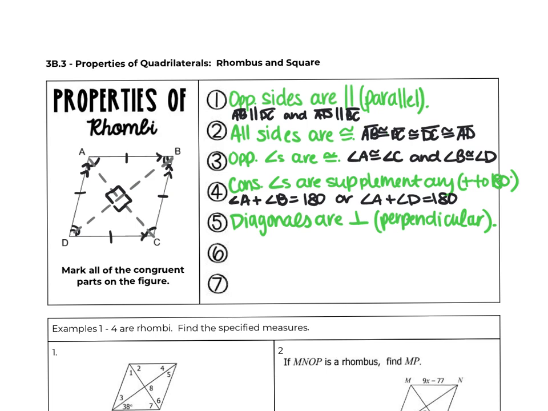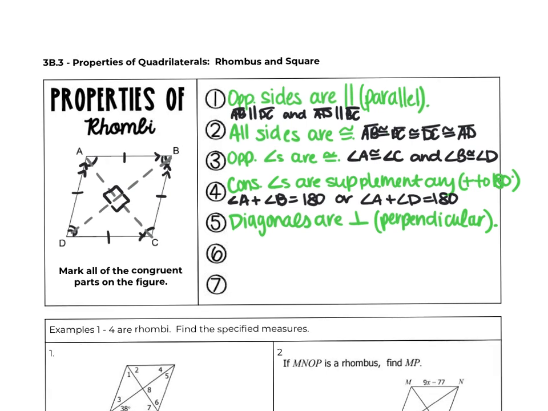One way I could write that out in a statement is I could say, for example, this diagonal here would be called AC. So I could say AC is perpendicular, using my symbol, to BD or DB, either way. Okay, and that's really the only way to state that.